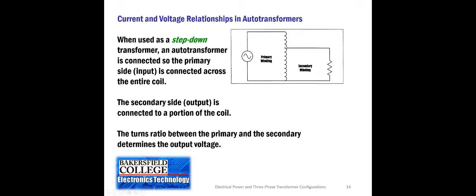This 1/4 up here of the turns would have 1/4 of the applied primary voltage across it. So you can see that turns ratio works in autotransformers as well as it does with standard transformers. And the turns ratio and the voltage ratio are still identical in both of these types of transformers.